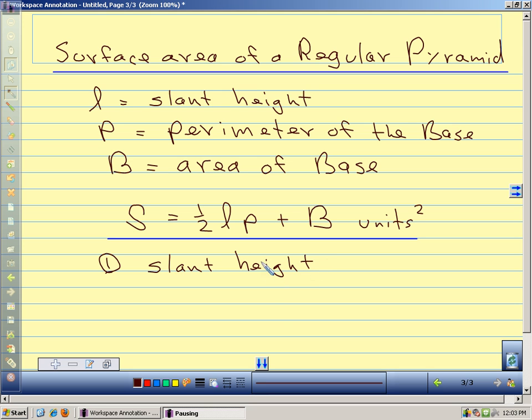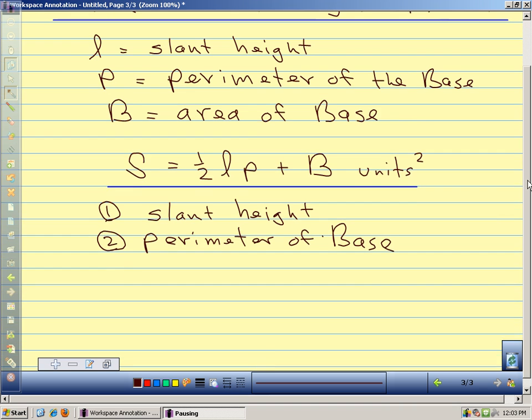If we don't have it, we have to figure it out. We have to have the perimeter of the base. If the problem doesn't tell us, we have to figure it out. And we have to have the area of the base. So if we don't know that, we have to figure that out.